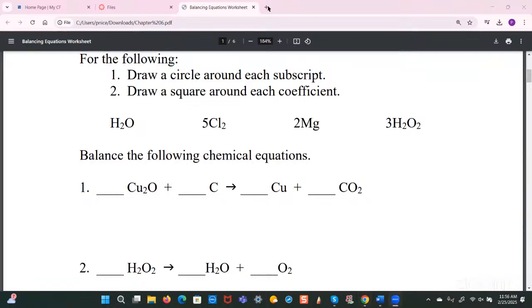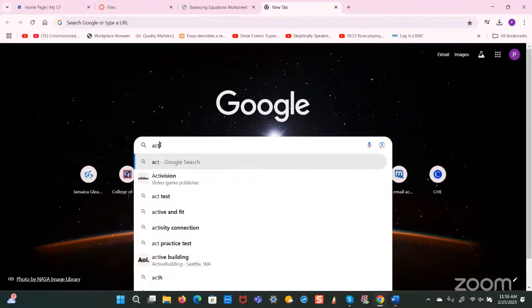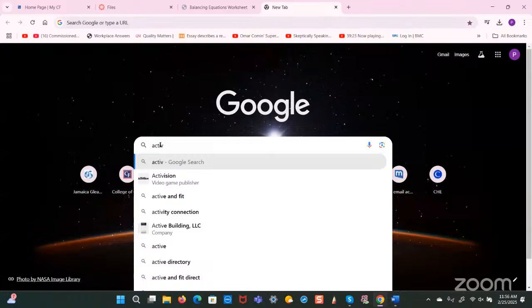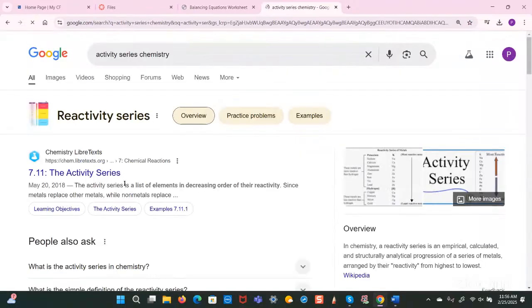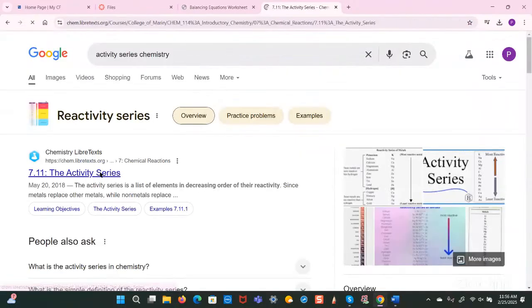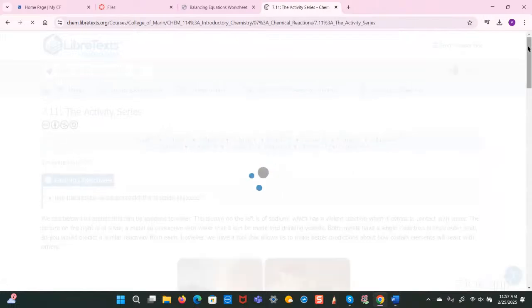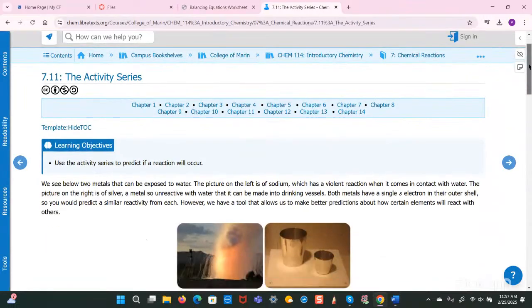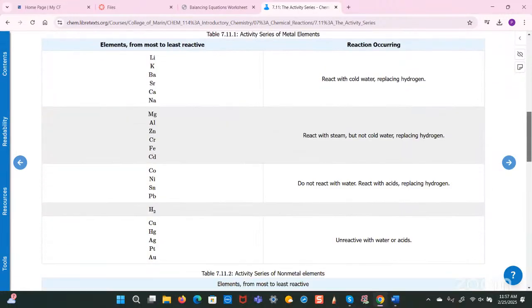Let me see if I can bring that up here. Okay, so the activity series is basically a list of elements from the most reactive to the least reactive.